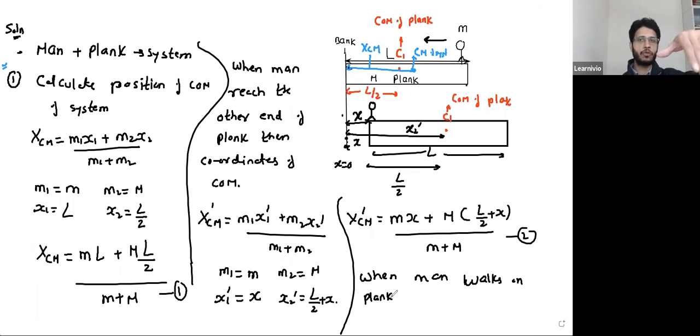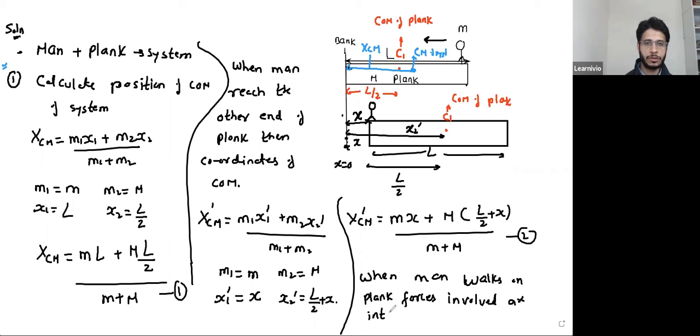When this man is walking on the plank, the force exerted by man on the plank is internal or external? Internal, yes, because the system is man plus plank. The force which man exerts on the plank is internal. Forces involved are internal.